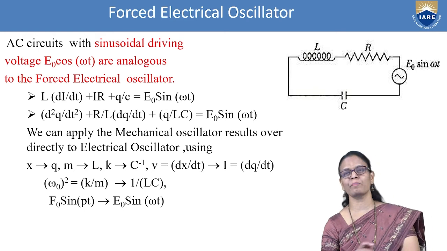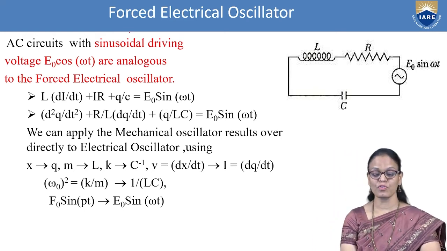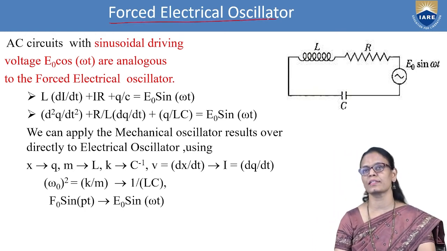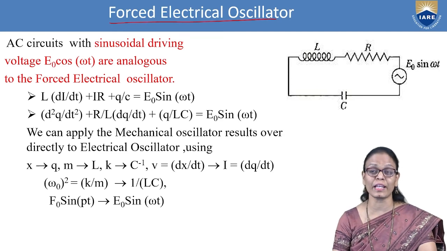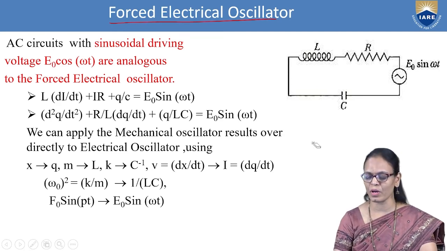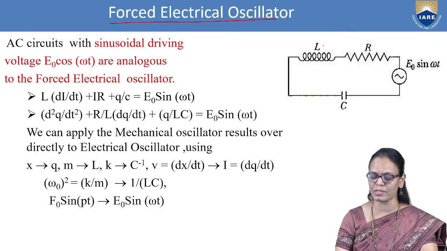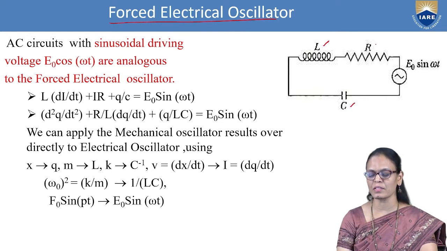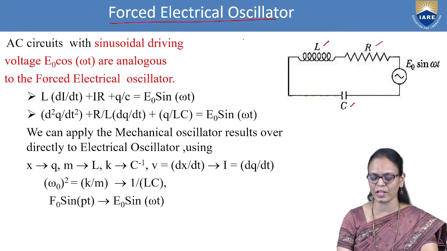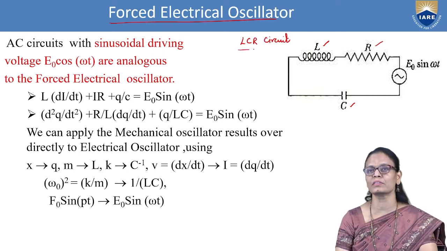Now, with the help of this, we'll try to understand what a forced electrical oscillator is. Whenever we are dealing with electrical circuits, we consider an LCR circuit, an electrical circuit which involves inductance, capacitance and resistance, all three.